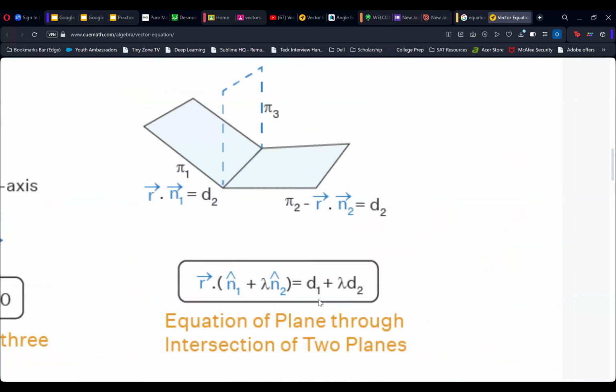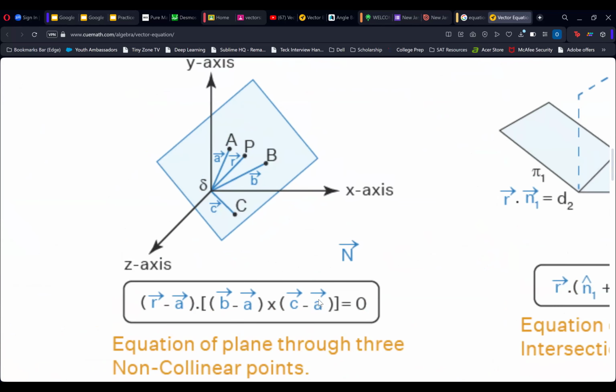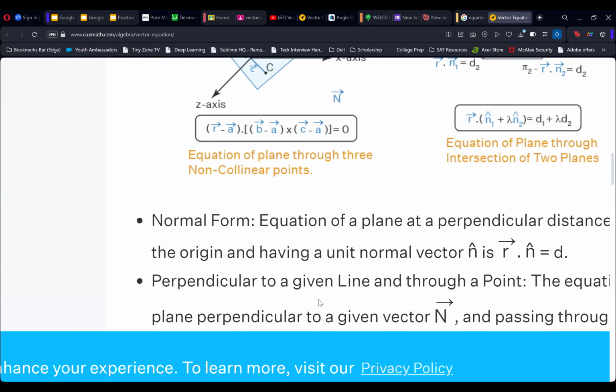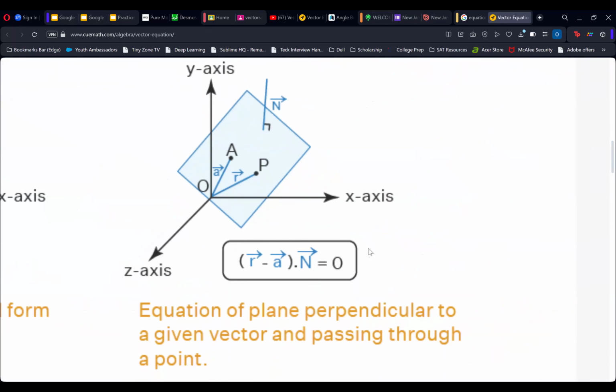And then there is this one that you don't need to know exactly. This, nope, don't need to know that one. So the one I need to know is the equation whenever I have a point on it and the normal. So take a picture, write it down, ensure that you know this one to a T.